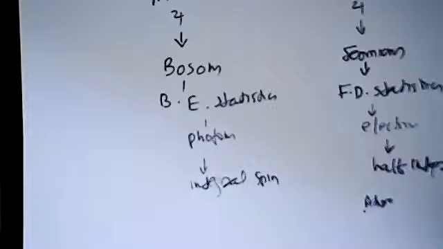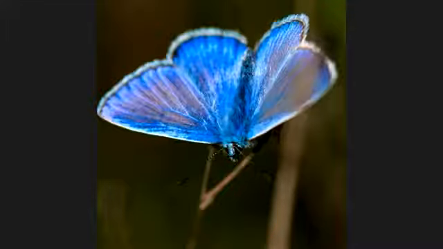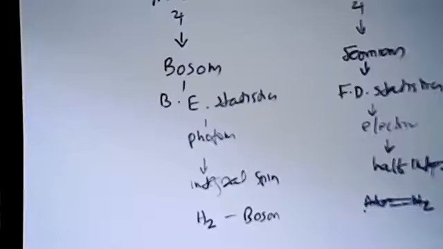Total spin can be 1 or 0. So is the hydrogen atom a boson or a fermion? Hydrogen atom is a boson because it has two particles, each having half-integral spin, so the total will be 1. So that is a boson.